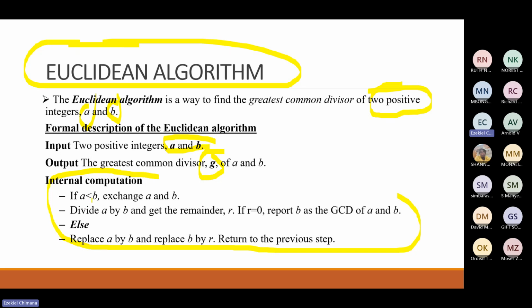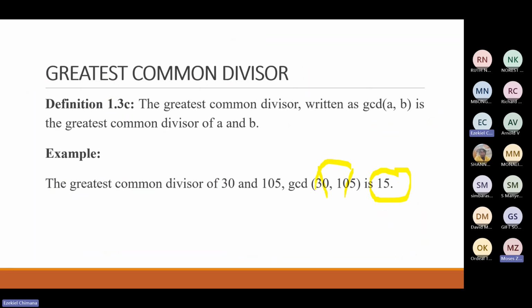So if A is less than B, exchange A and B. In other words, if you are given a question which will be asking you to find the GCD of A and B, this is our A and B. You need to look at these values.